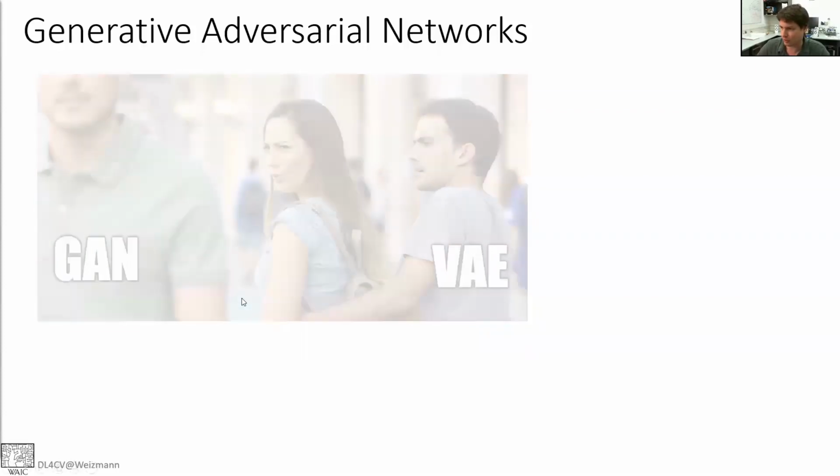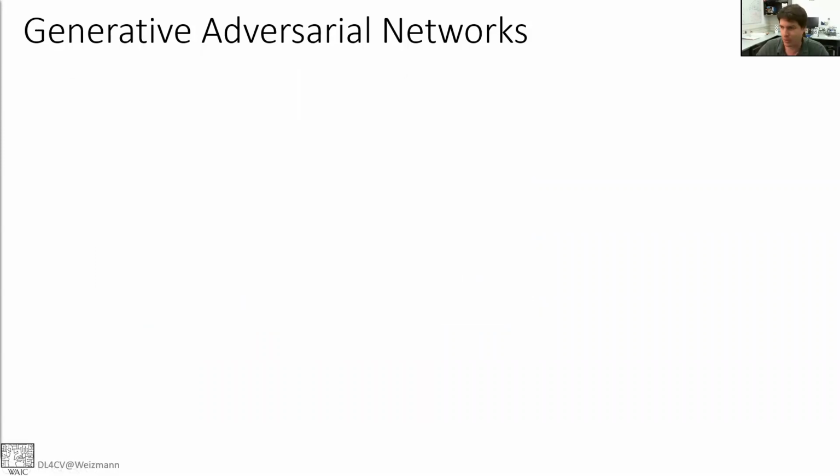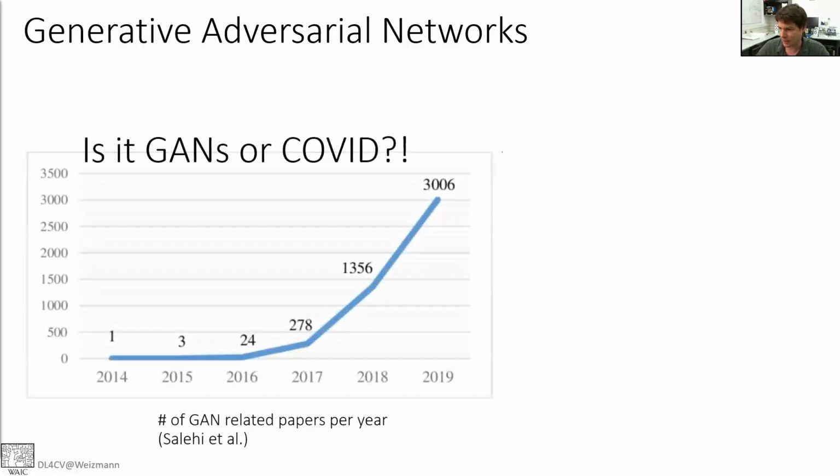In the year 2014, Ian Goodfellow came up with GANs, and since then, the number of GAN papers has become incredibly high, and it's one of the most important inventions of, let's say, the last decade.